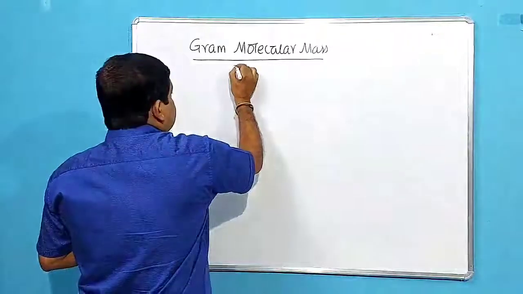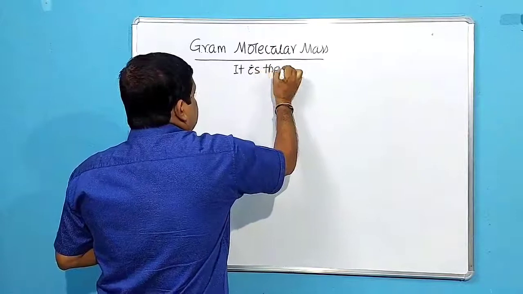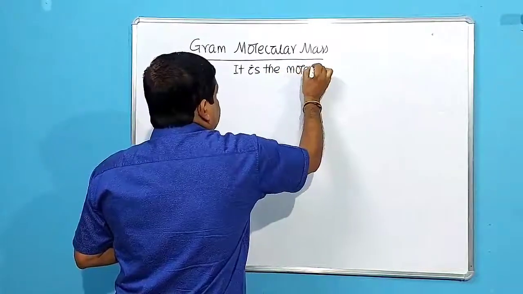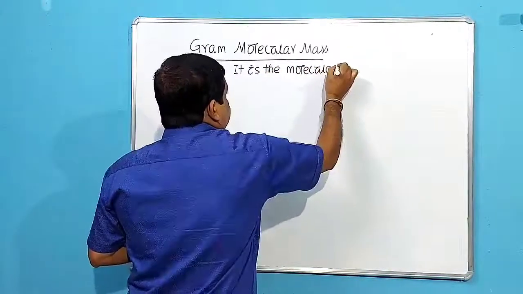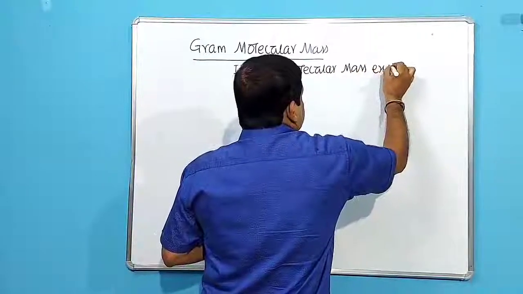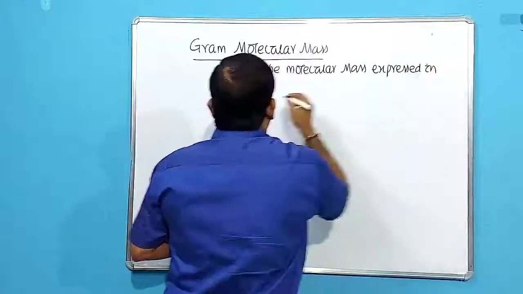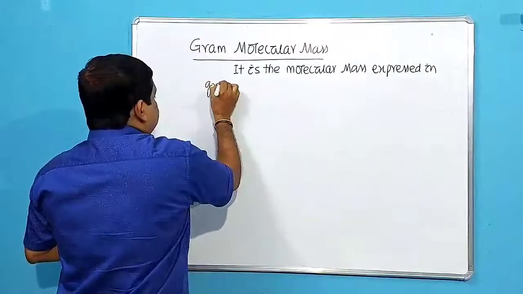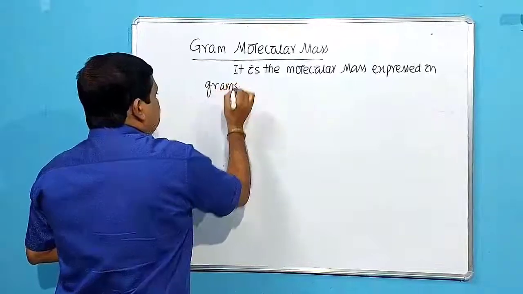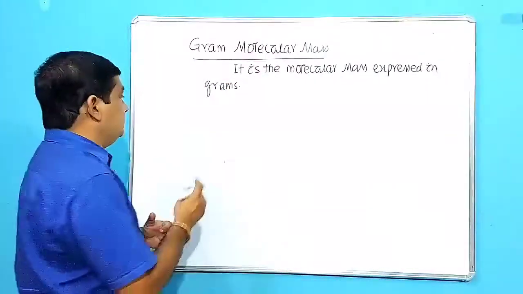In simple words, it is the molecular mass expressed in grams. So whatever is the molecular mass, you have to simply add gram to it. That becomes gram molecular mass.